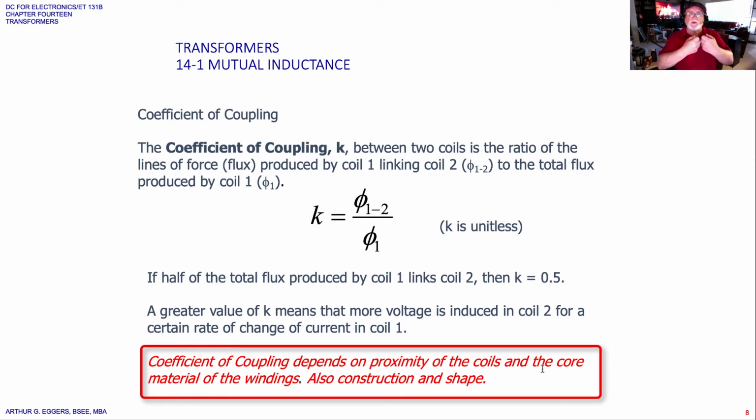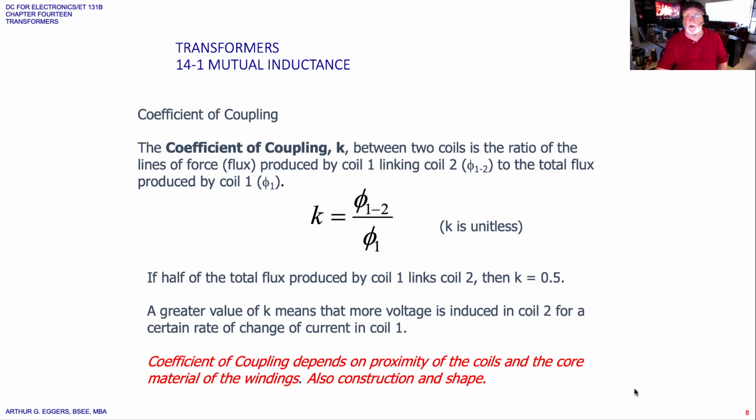All this is saying is if we separate those coils by a distance, we have less coupling, so there's going to be less induced. As we bring the coils together, we get more coupling, there will be more induced voltage. Also, if we have different materials between the windings, if it's air, if it's ferrite, if it's iron, whatever it is, it will change the coupling relationship.